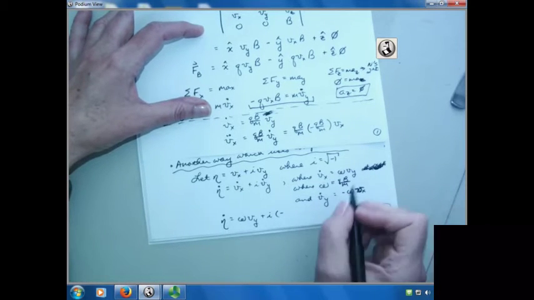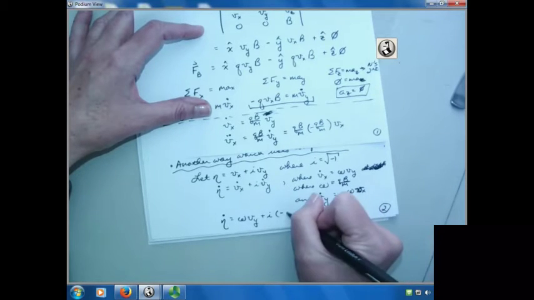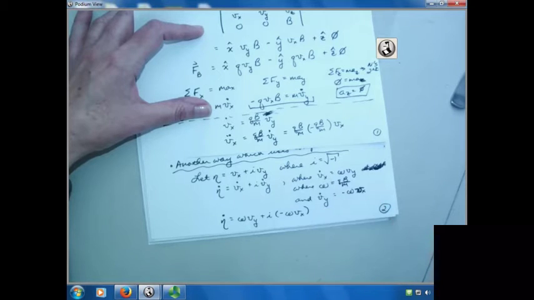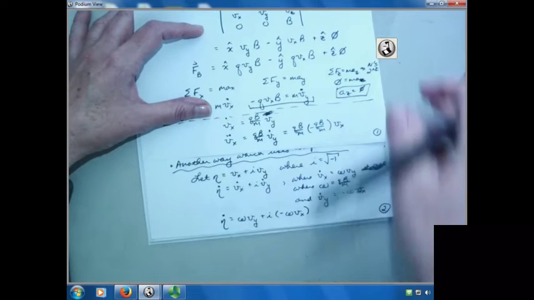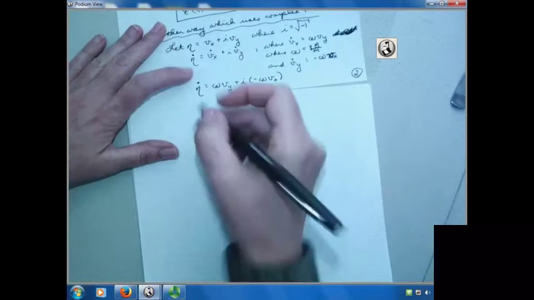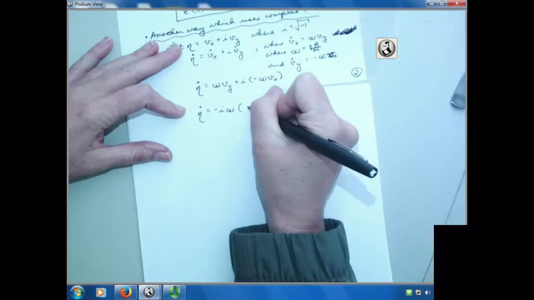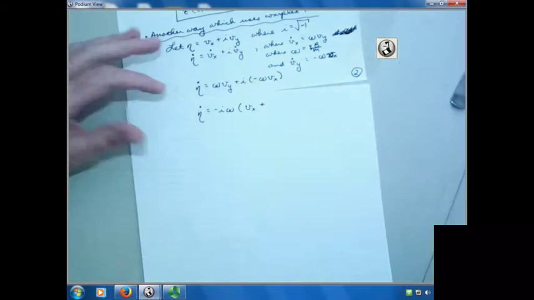All right. So where was I? Vy dot is negative omega Vx. Okay. Now, if I look at that for a while, if I factor out a negative i omega out front, because that's the thing that's multiplying Vx, I want to see what I get. I get Vx plus something. Figure out what the next term should be.